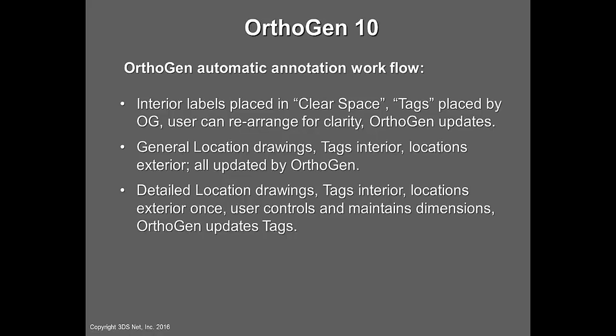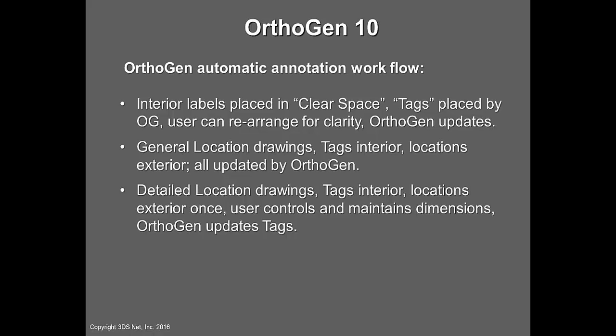On a detailed location drawing, something like a steel drawing, you're going to want to put your tags interior. You might do the dimensioning around the exterior one time, but then the user is going to break and take over the dimensioning and do those manually. On a complicated steel drawing, you can't just automatically place labels around all four sides of the views.